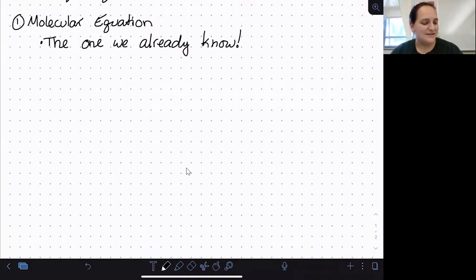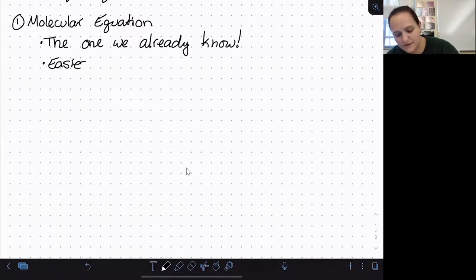And so in that way, the molecular equation is useful. However, it's not actually an accurate depiction of what's happening at the molecular level. So we have kind of pros and cons to each of these.